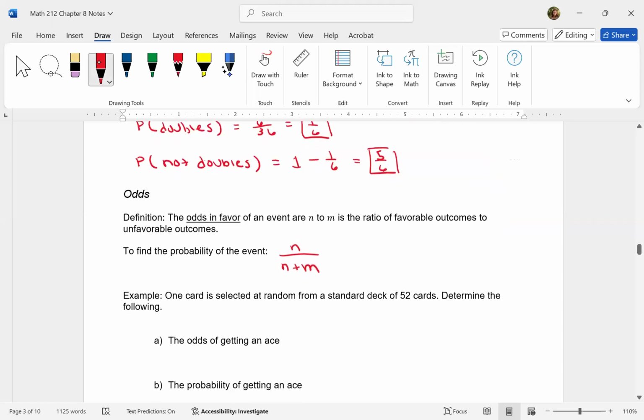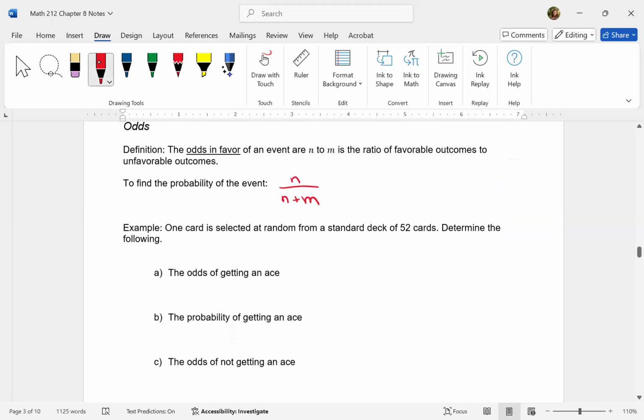Okay, so let's look at an example. One card is selected at random from a deck of 52 cards. Let's determine the odds of getting an ace. If you don't know a deck of cards, I would encourage you to look at one online, but most students are familiar with that, so I won't take the time to discuss it.